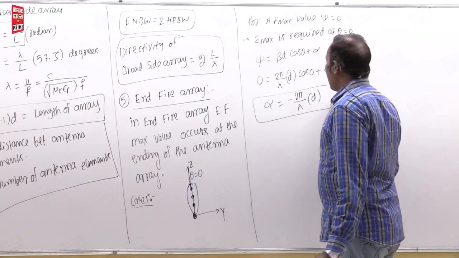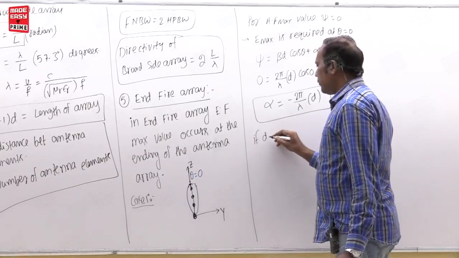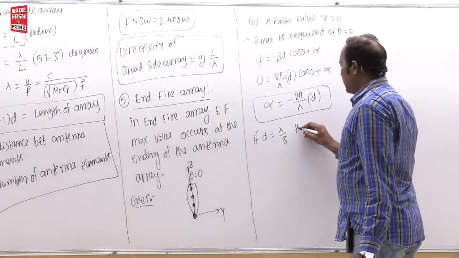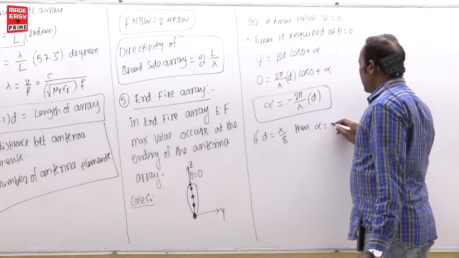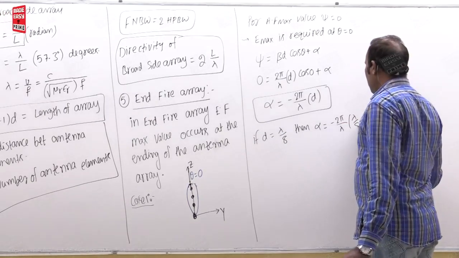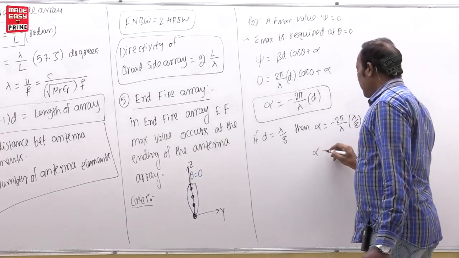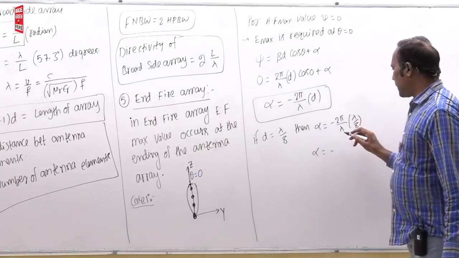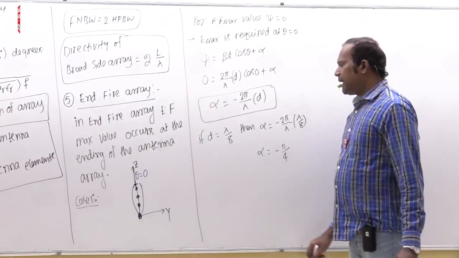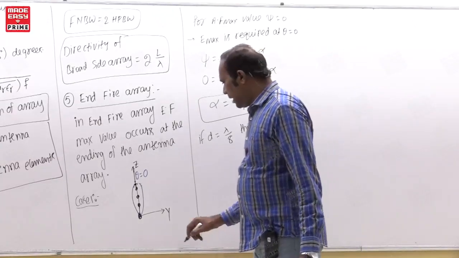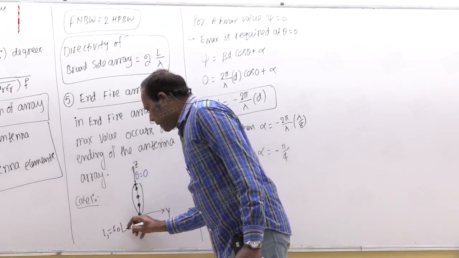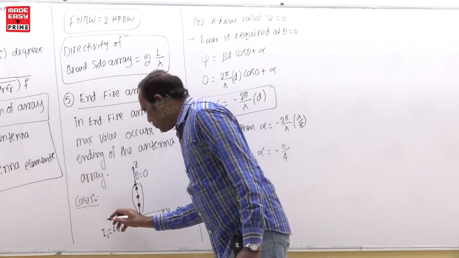So this is the formula actually. If d is equal to lambda by 8 for example, then alpha is equal to minus 2 pi by lambda into lambda by 8, then automatically the lambda cancels, so you get minus pi by 4. The meaning is that first antenna current is equal to I naught at an angle of 0, you have to give.